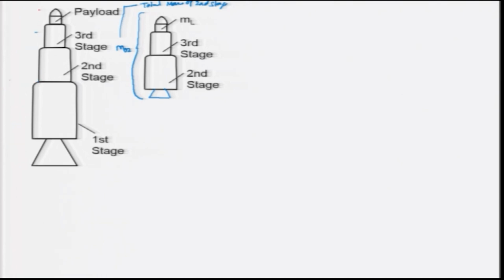This will be the payload of the first stage, L1. This is your payload for the first stage.